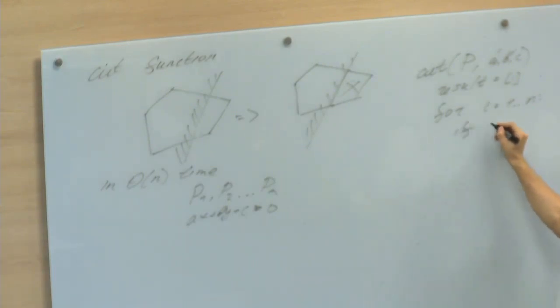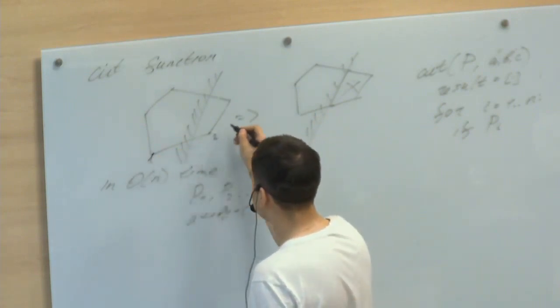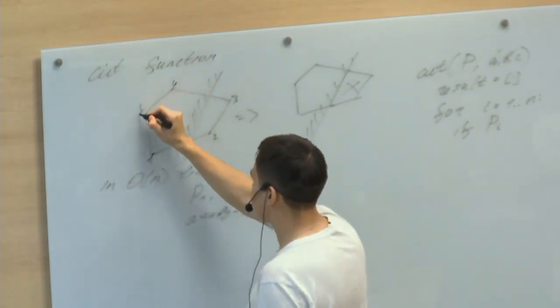We'll check if pi, the ith point, is on the correct side of the half plane, then we add it to the result. So for example, we might start here, 1, 2, 3, 4, 5.